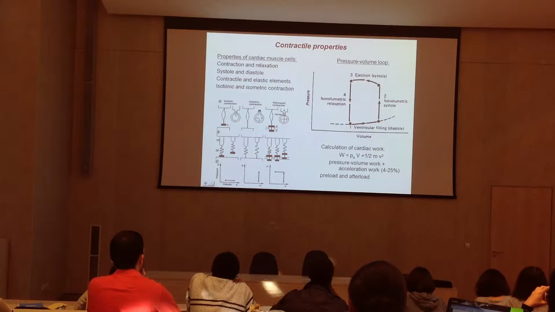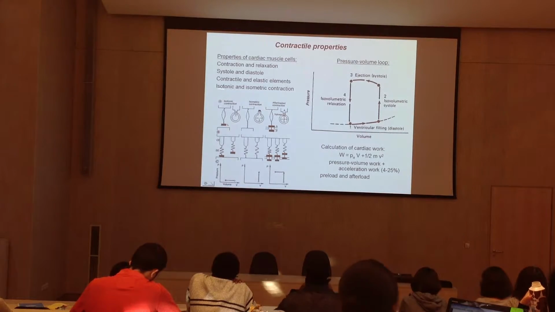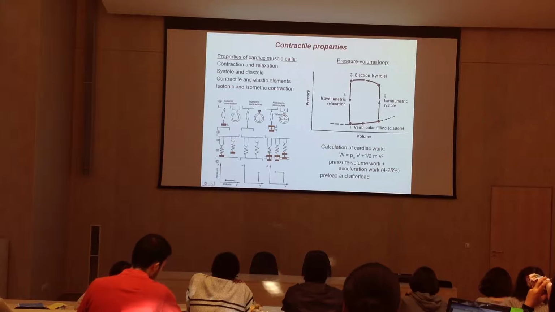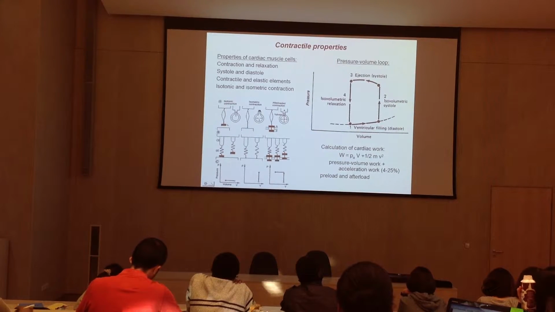Now, if we would like to analyze how the heart is working, we have to analyze the isotonic and isometric contraction. The isotonic contraction means that there is no resistance.